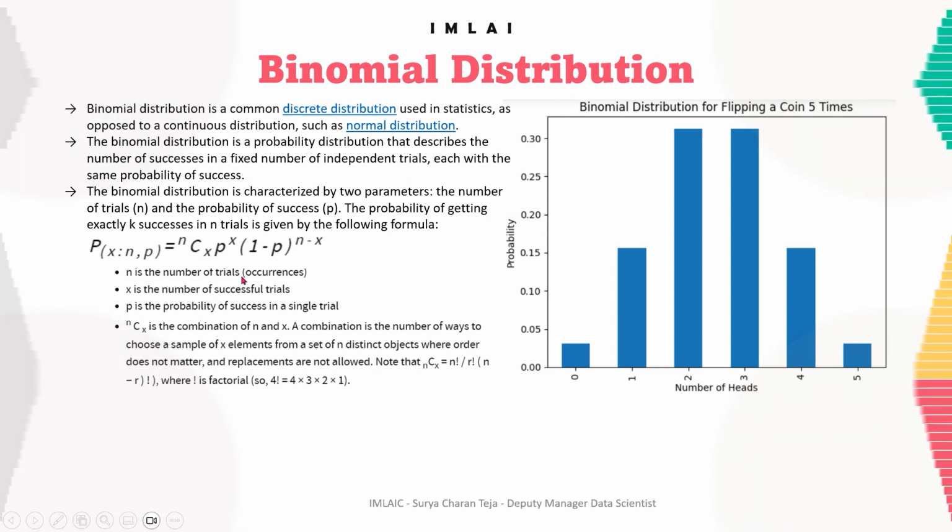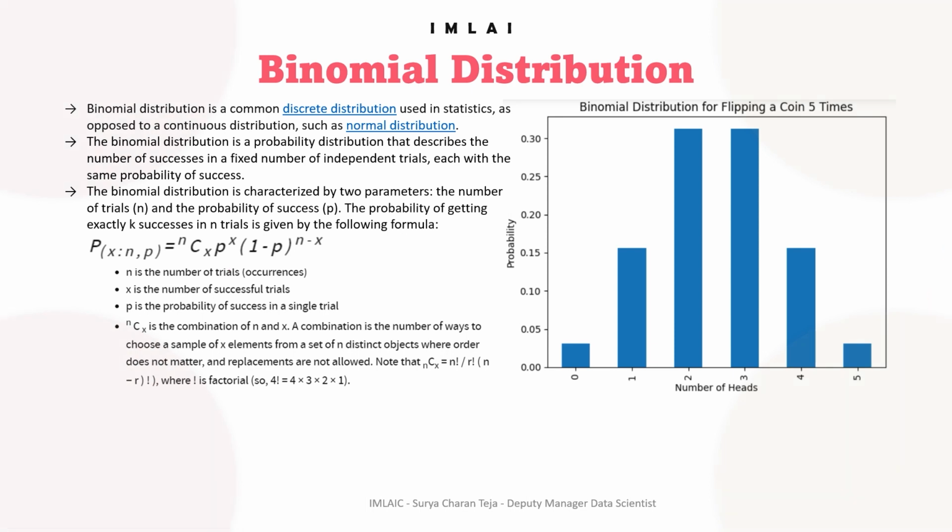So I'm repeating: the probability of getting exactly x successes in n trials, given that the probability of success is p, is calculated by this formula. I hope you got my point.